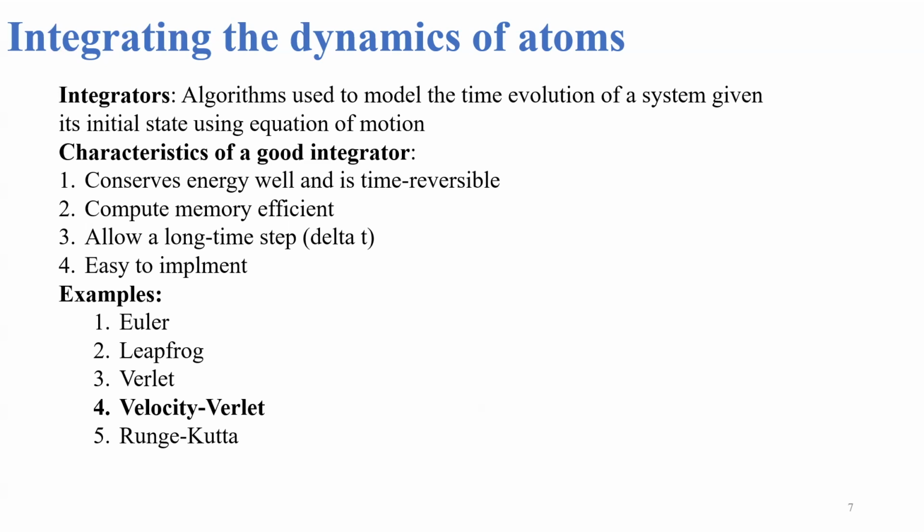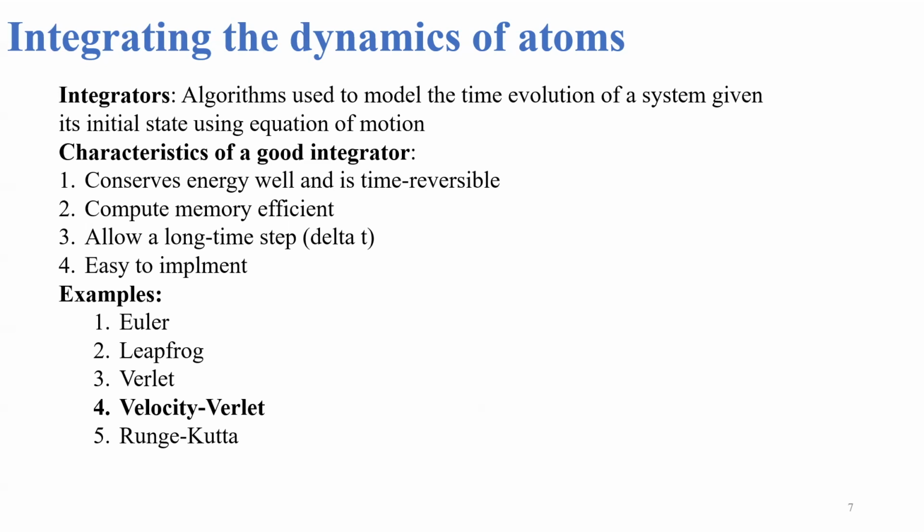So if you want to simulate 1 second or 1 picosecond, and you have a time step of 10 to the minus 15 versus 10 to the minus 14, 10 to the minus 14 will be faster, while 10 to the minus 15 will be 10 times slower, and so on. So it's important that we can use some realistic time step when we choose an integrator. It should be easy to implement.